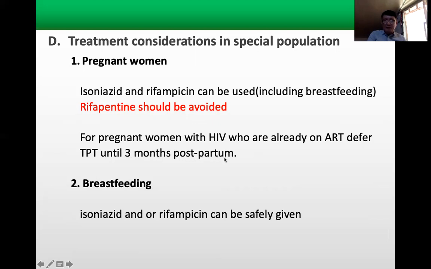Okay, just defer the TPT, especially those with HIV who are already on antiretroviral therapy for HIV. Breastfeeding, isoniazid or rifampicin can be safely given.